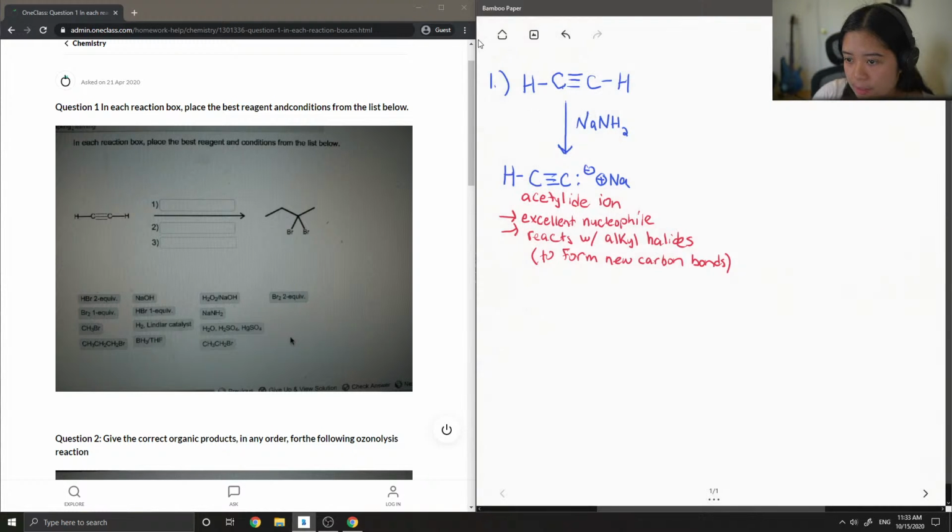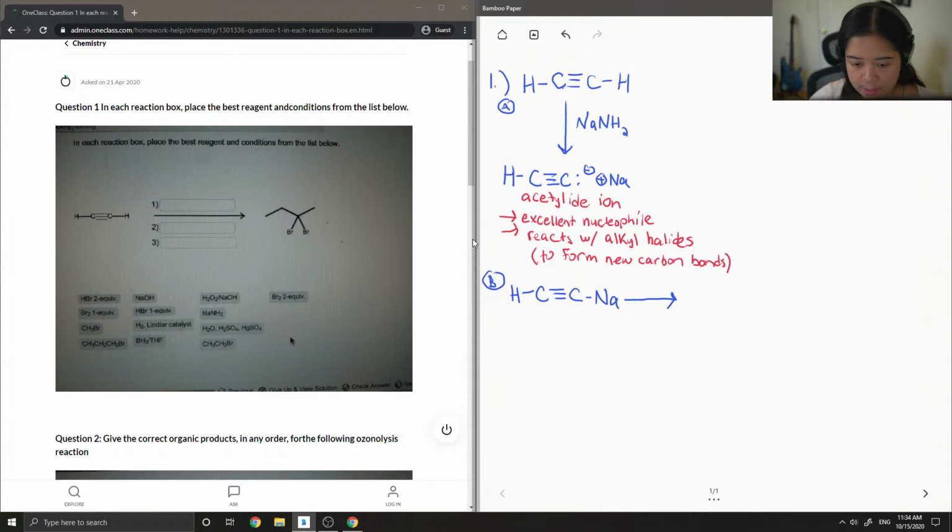Just going to label these as A and B. So that was A. Then after, we have this acetylide ion. And then from there, in our final product, we add 2 new carbons.